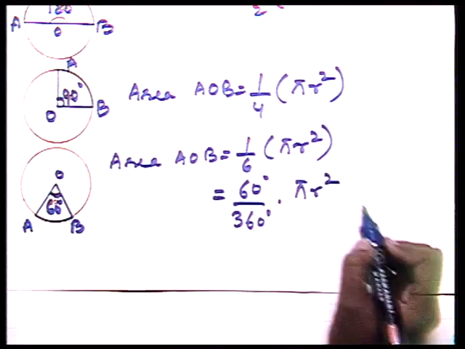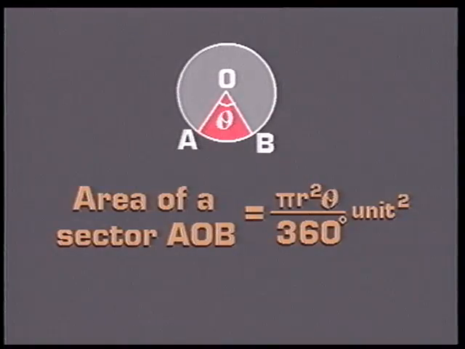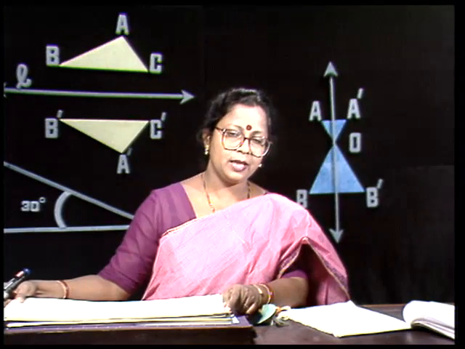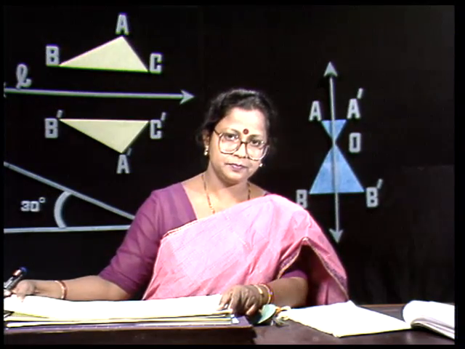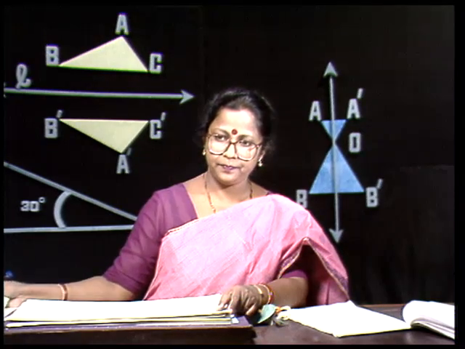In general, if a sector is making an angle of theta at the center of a circle, then the area of that sector will be pi r square theta upon 360 degree. Let us again see how we can use this result. See the problem.